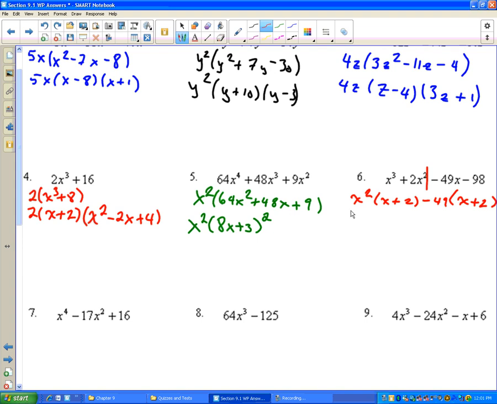So then I have x squared minus 49 times x plus 2. X squared minus 49 is a difference of squares. So this is x plus 7, x minus 7, and then x plus 2. And that's fully factored.